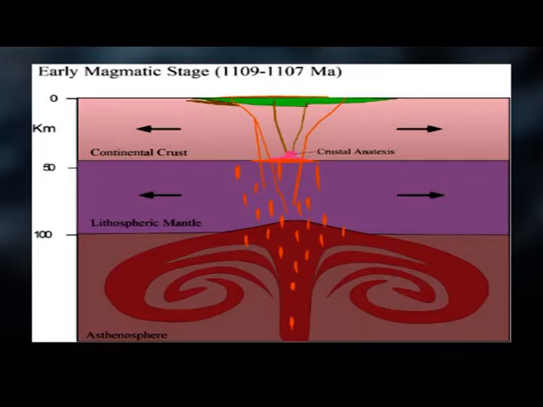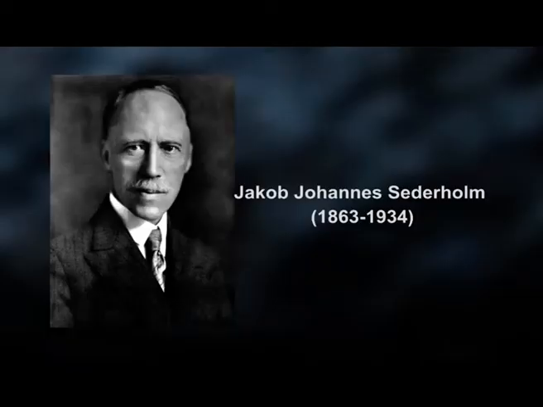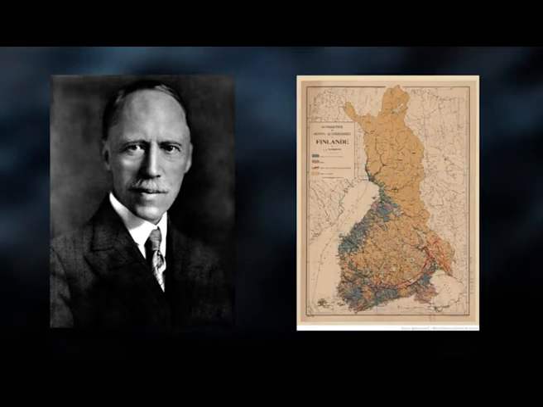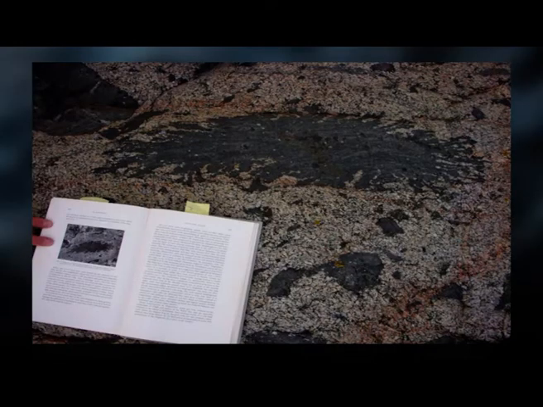The only mechanism for generation of granitic melt is anatexis, or partial melting of crustal rock. The mechanism was proposed by Sederholm in 1907 from field observation in the Finland region, where granitic rocks are intimately associated with mixed rock called migmatite.